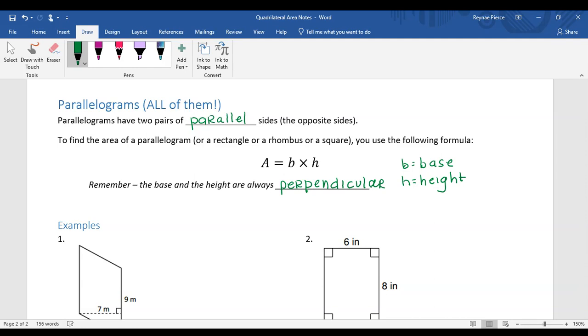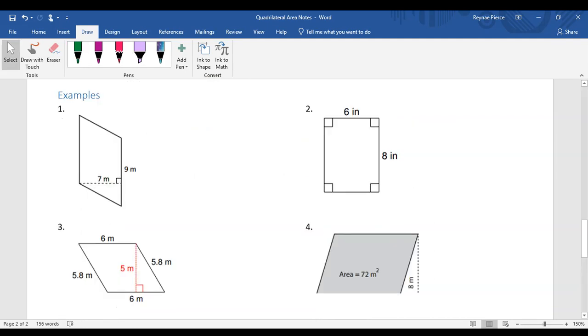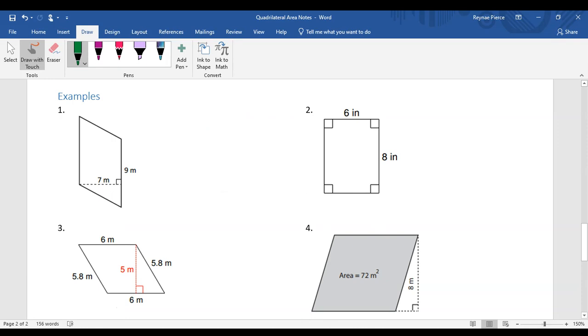Okay. So moving into examples. Here, this is perpendicular to 9. 9 is my base, 7 is my height. Base times height tells me that the area of this parallelogram is 63 meters squared.